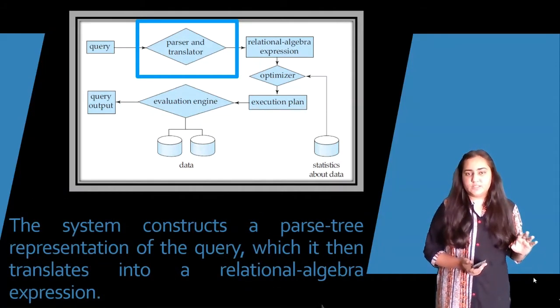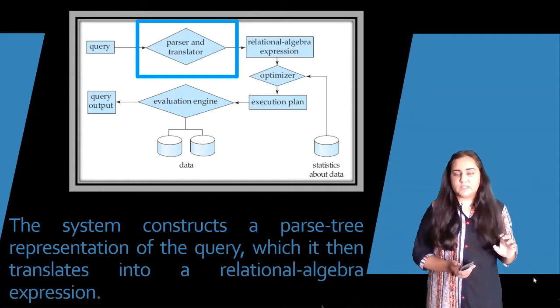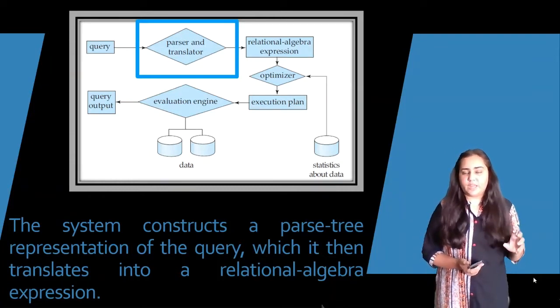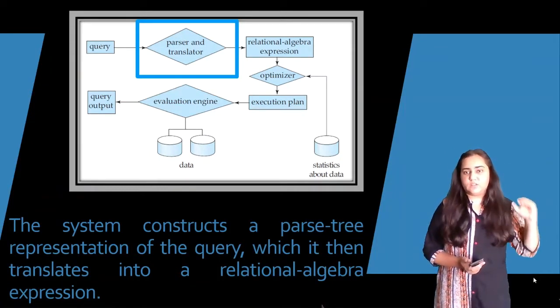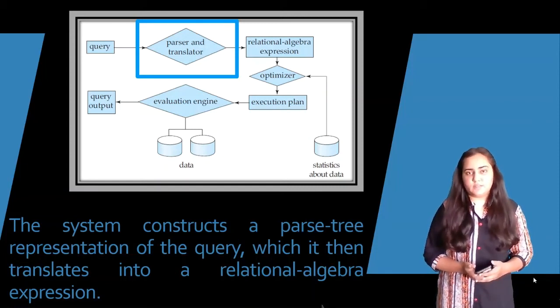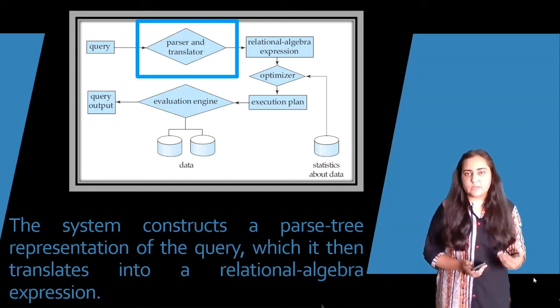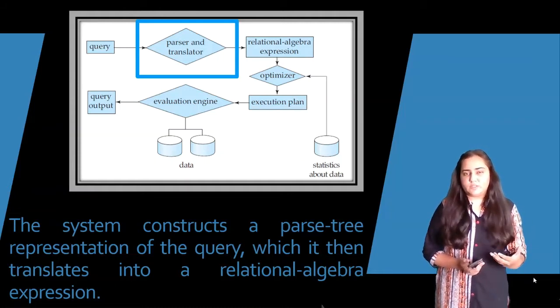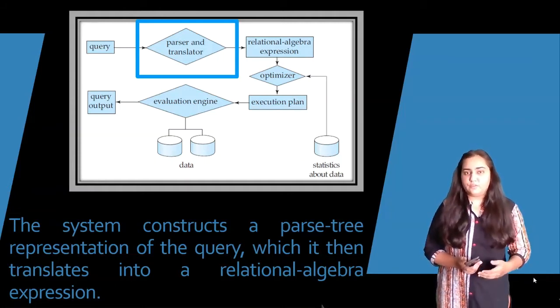And afterwards, the system constructs a parse tree representation of the query. A parse tree representation of the query is where each operation is written in the form of a tree. And you'll understand this better as we proceed with query processing in my further videos.